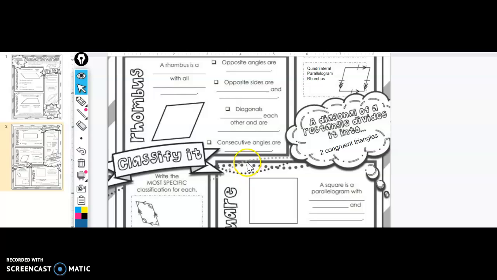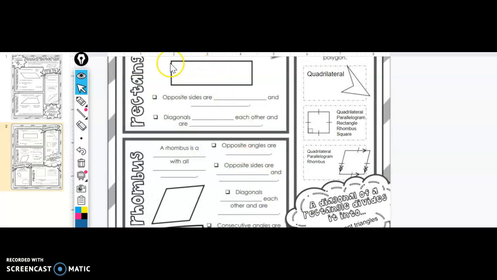Two congruent triangles. So if I go up and I mark my diagonal, okay, not sure why that's not drawing.